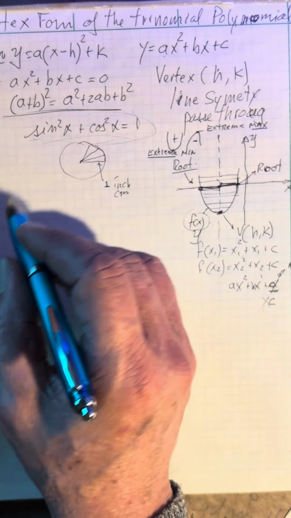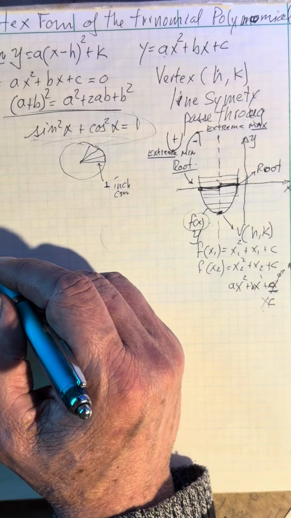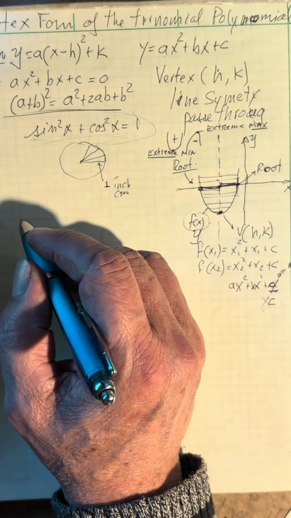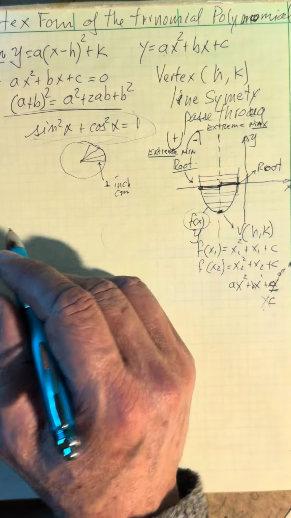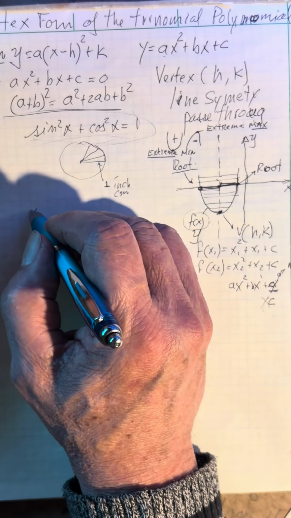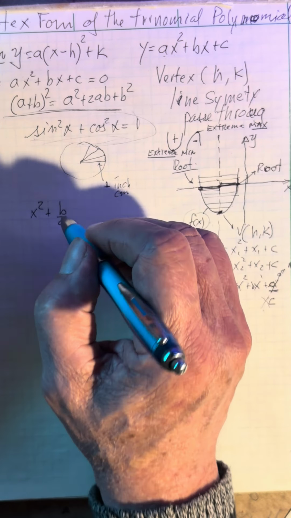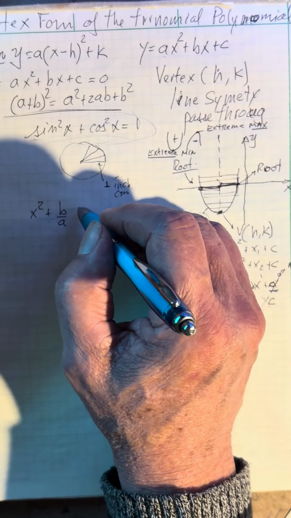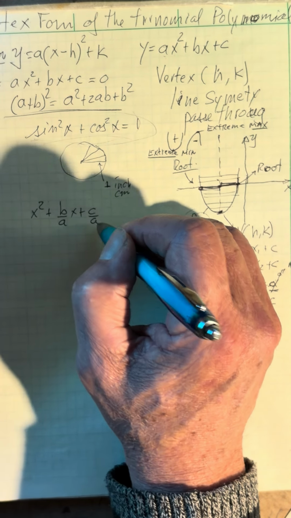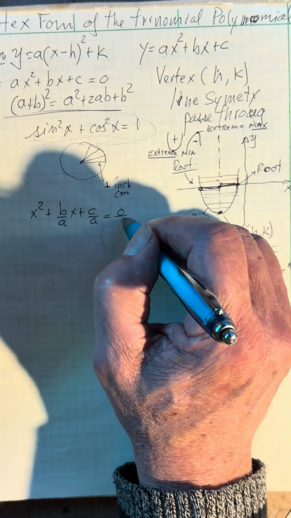Okay, so we're going to start doing this thing. The first thing we have to do is get rid of the leading coefficient. So to do that, we're going to divide everything by a: x squared plus b over a x plus c over a, and including the 0.